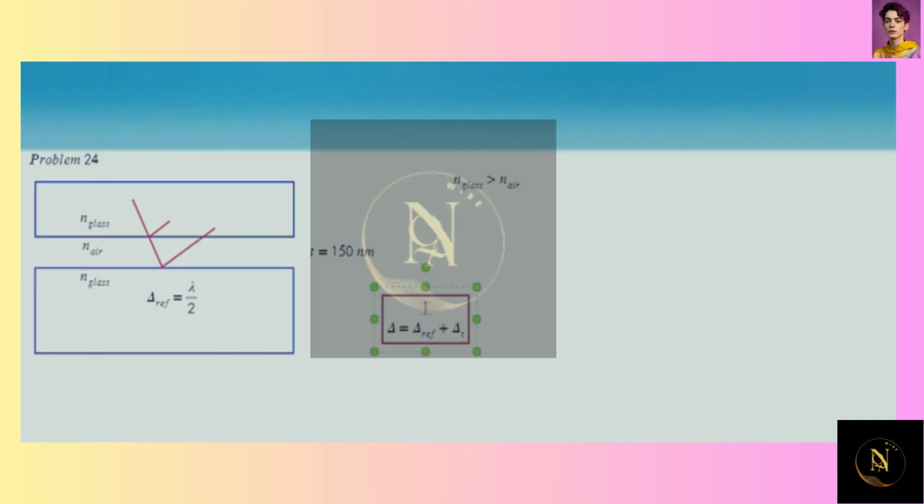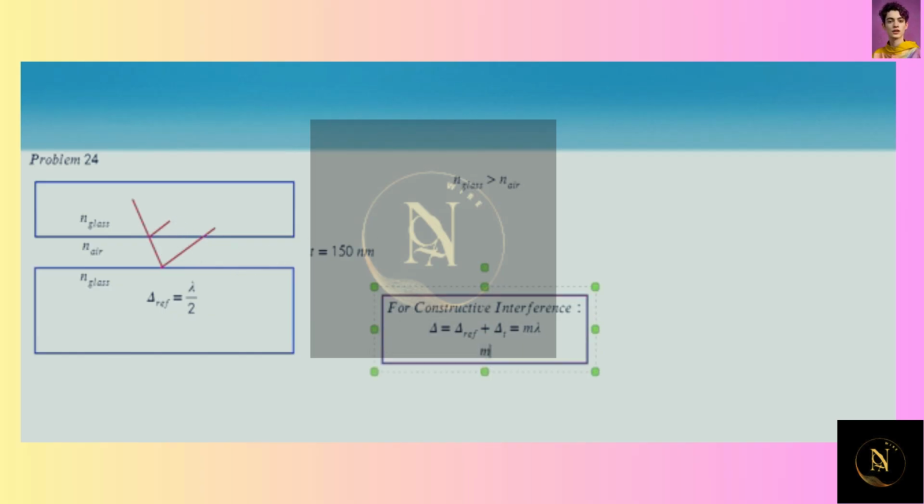Now, for constructive interference, the net path length difference must be equal to an integer multiple of wavelength. So if the path length difference between these two rays is 0, they constructively interfere. If it's lambda, they constructively interfere, and so on.